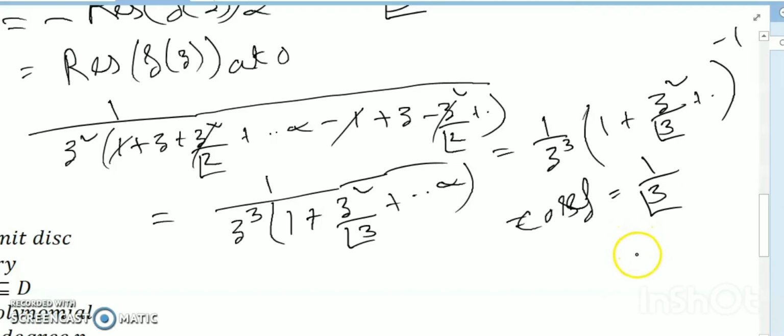The coefficient of 1 by z is 1 by 3 factorial. So what is my answer?